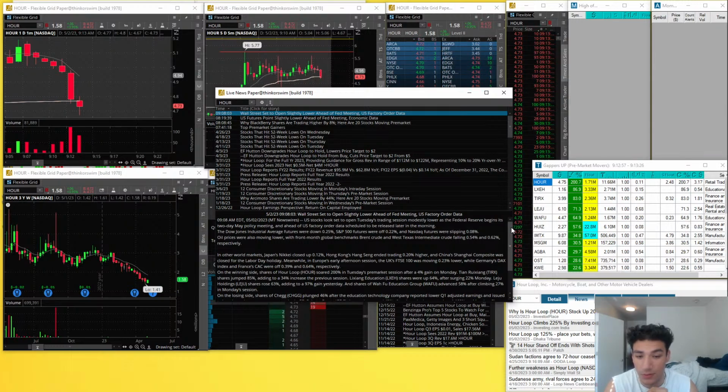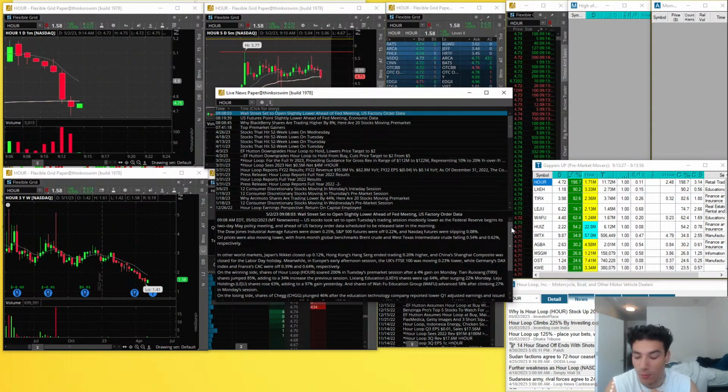S&P 500 futures were off 0.22%, and Nasdaq futures were slipping 0.08%. Oil prices were also moving lower, with front-month global benchmarks, Brent crude and West Texas Intermediate crude falling 0.54 and 0.62% respectively. In other world markets, Japan's Nikkei closed 0.12.